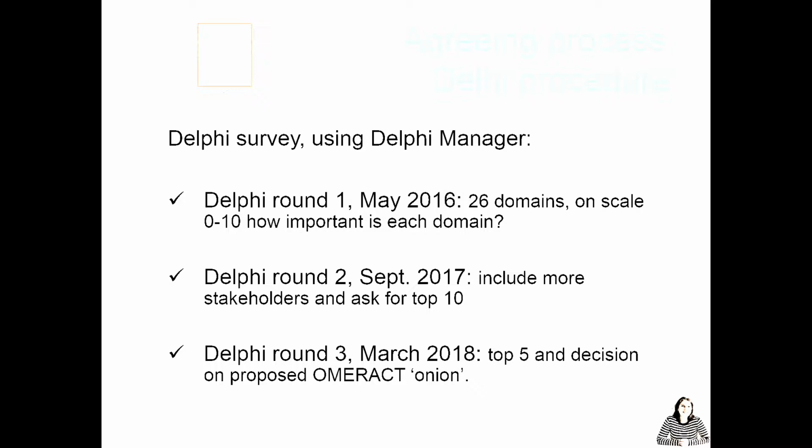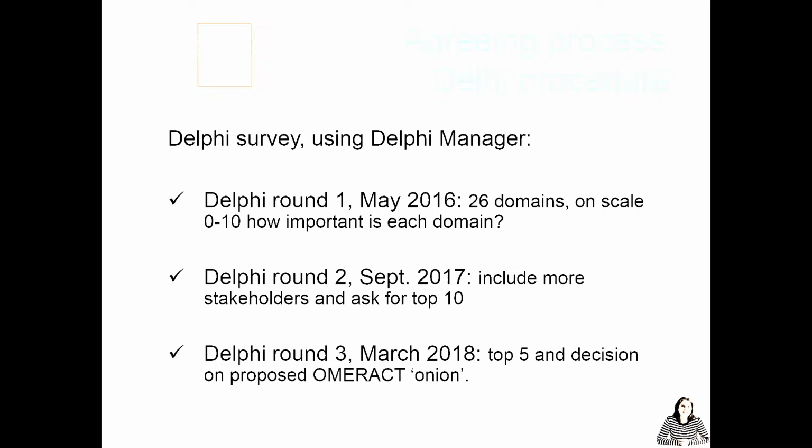And after each round, what we did is provide an anonymized summary of the results, and during the process of the next 1 or 2 rounds, the range of answers decreased, and the group sort of automatically converged towards a final decision.